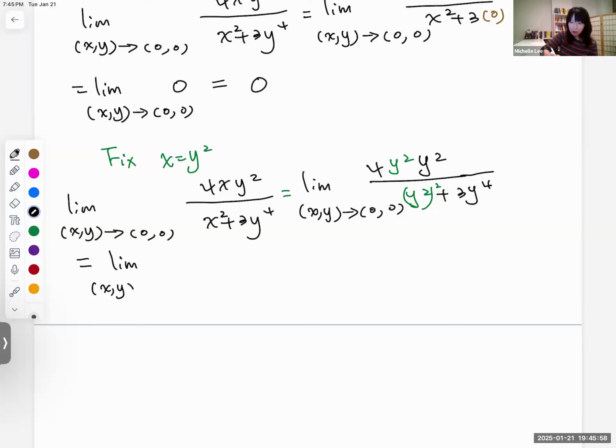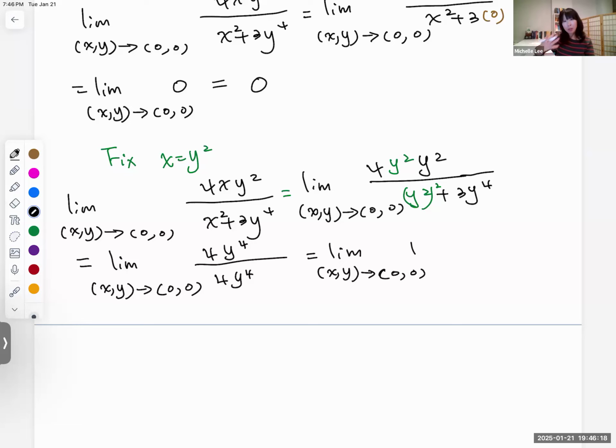So the limit as x, y approaches 0, 0 of y to the fourth power over 4y to the fourth power, right? We simplify, and as x, y approaches 0, 0, we get 1, a constant.